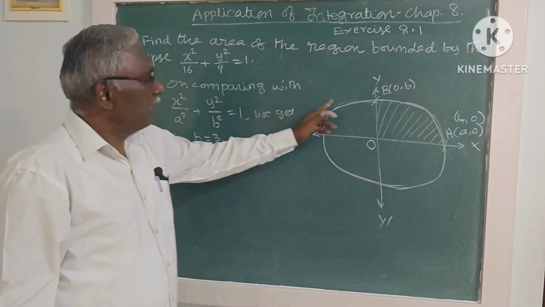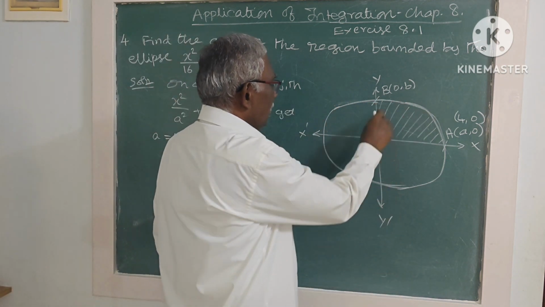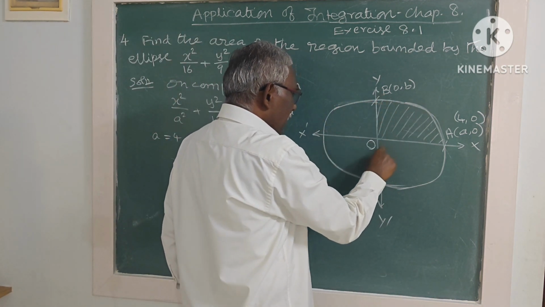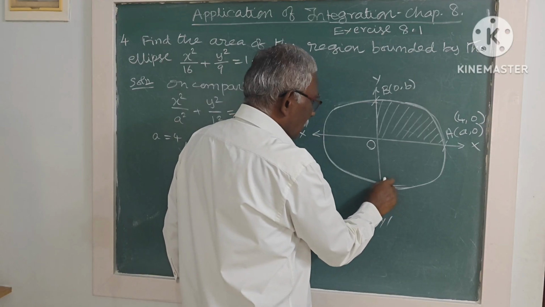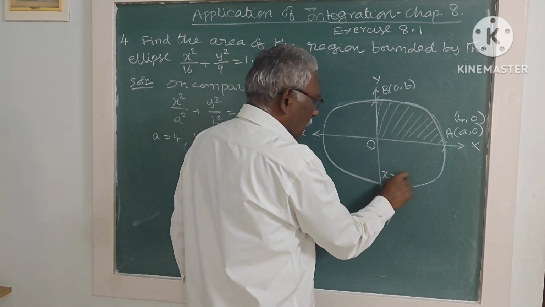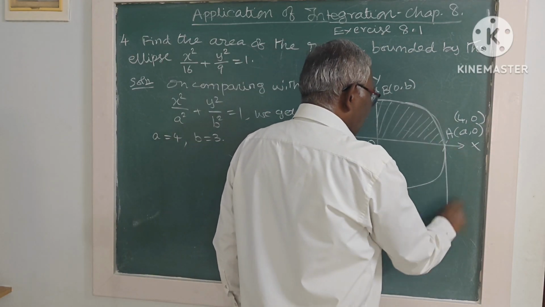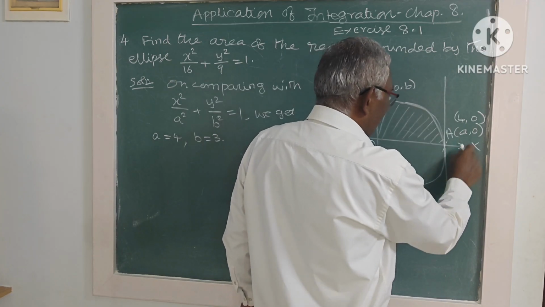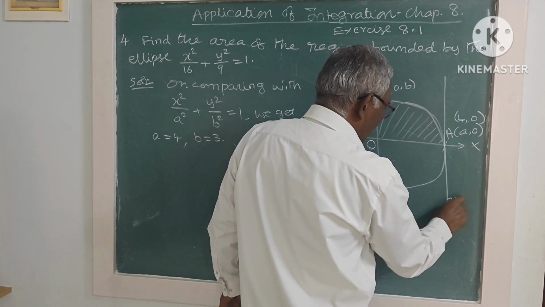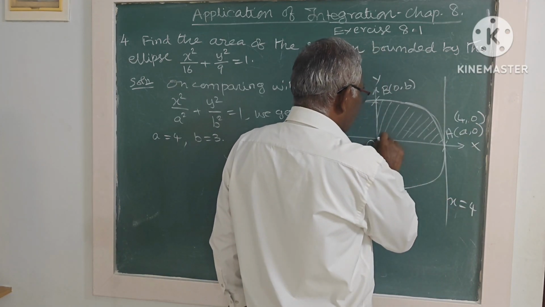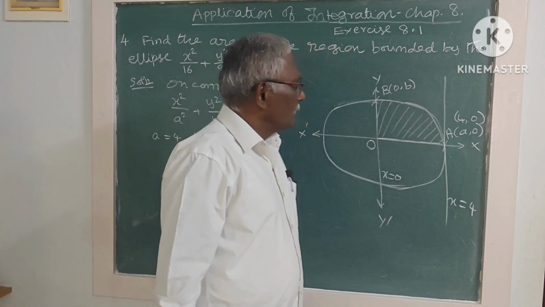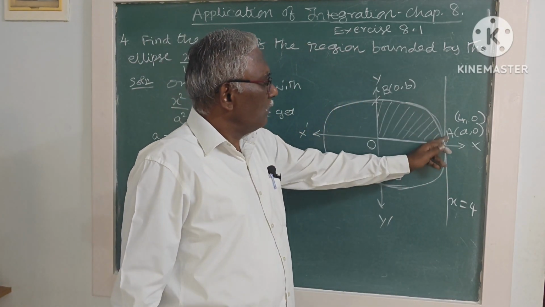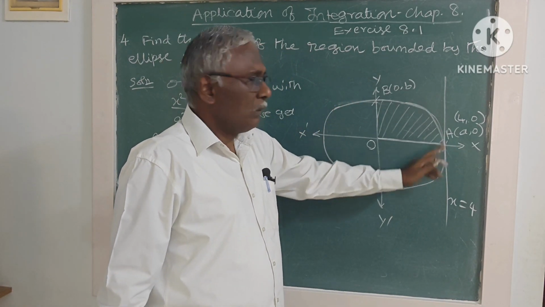From there we can get the equation of this curve. And the equation of this line is x is equal to 0, and the equation of this line is x is 4, and the x-axis. So now we have to find only the equation of this curve.